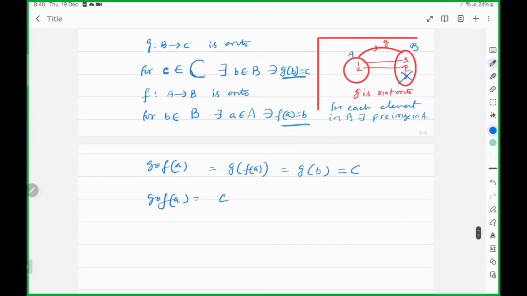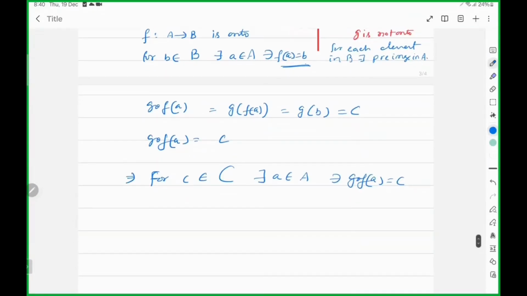So for any element c belonging to C, there exists a in A such that g circle f of a is c. So for any element in the codomain, there is a pre-image in the domain. Therefore, g circle f from A to C is an onto function.